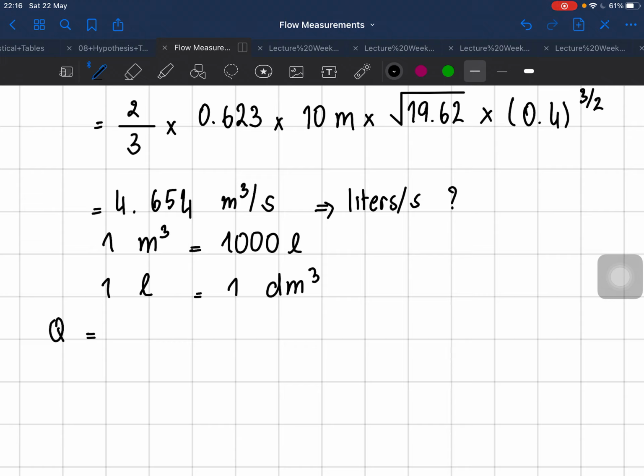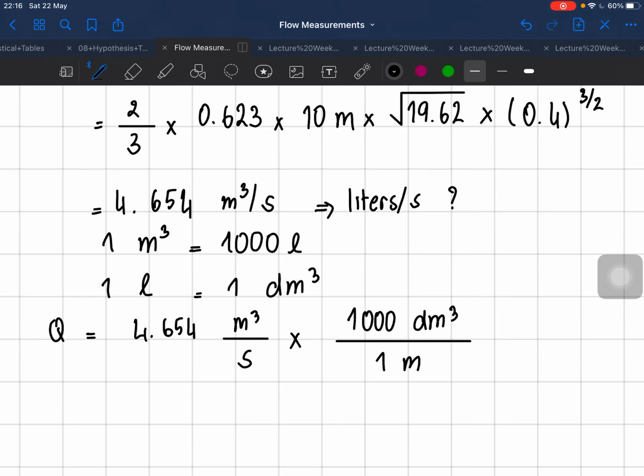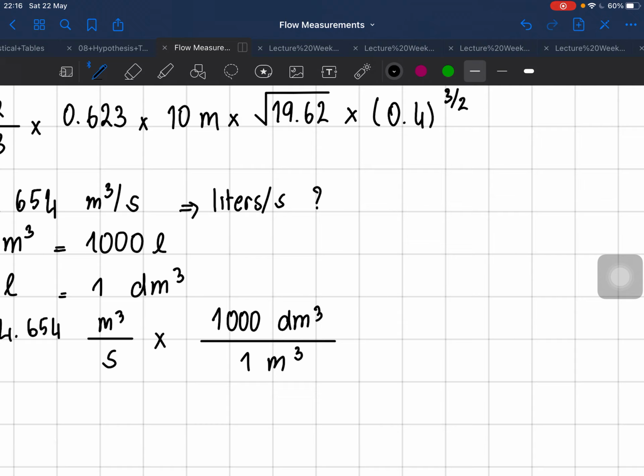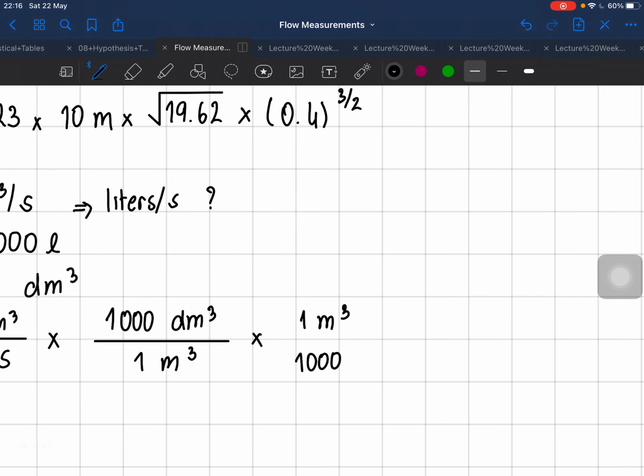So Q equals 4.654 meter cube per second times 1,000, and times 1 liter per 1 decimeter cube.